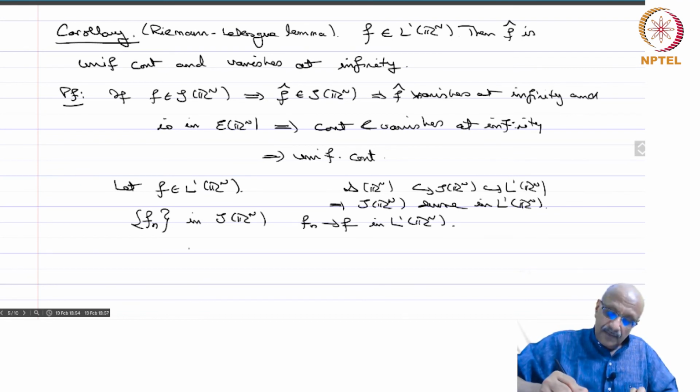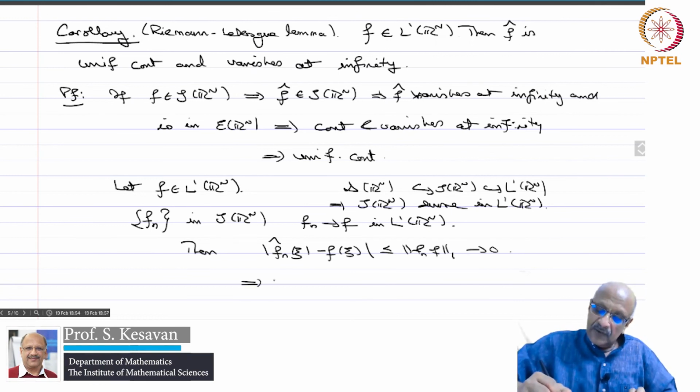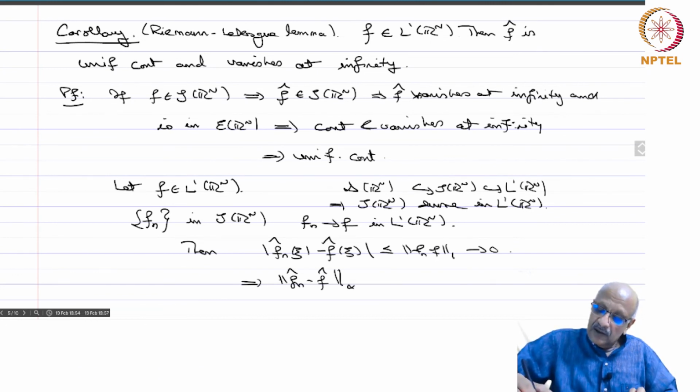Then we have already seen |f_n hat(xi) minus f hat(xi)| is less than or equal to the norm of f_n minus f in L1, which goes to 0. That means the sup norm of f_n hat minus f hat is less than or equal to the norm of f_n minus f in L1, and that goes to 0.